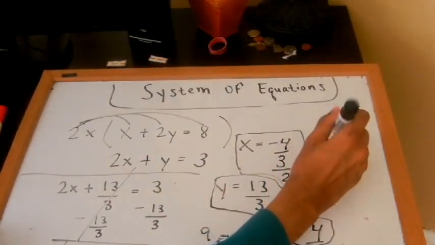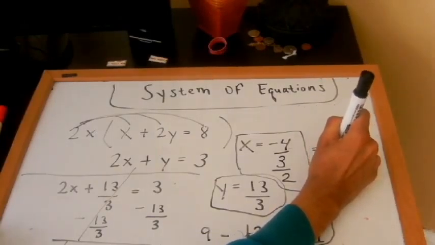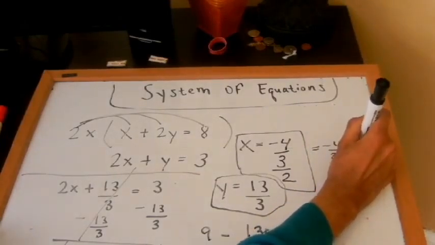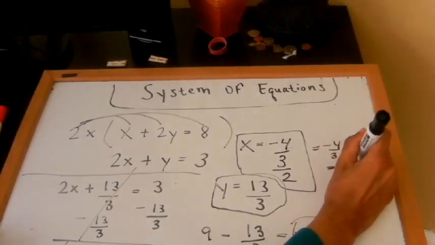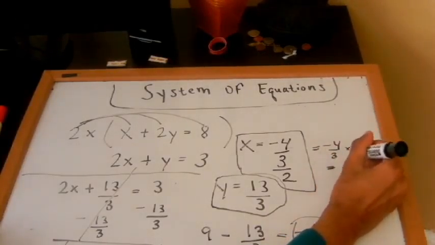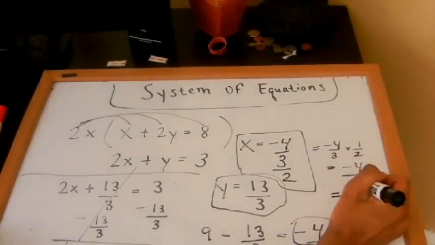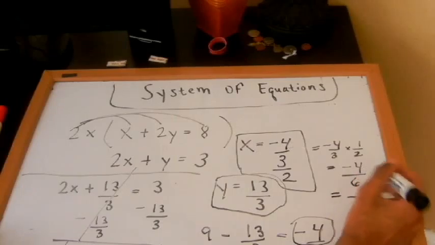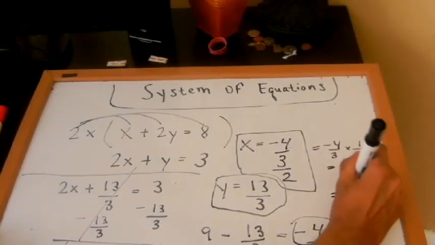Or alternatively, we could say negative 4 thirds times 1/2, which is equal to negative 4 times 1, which is negative 4, over 3 times 2, which is 6. Negative 4 over 6 simplifies to negative 2 thirds. And we're done.